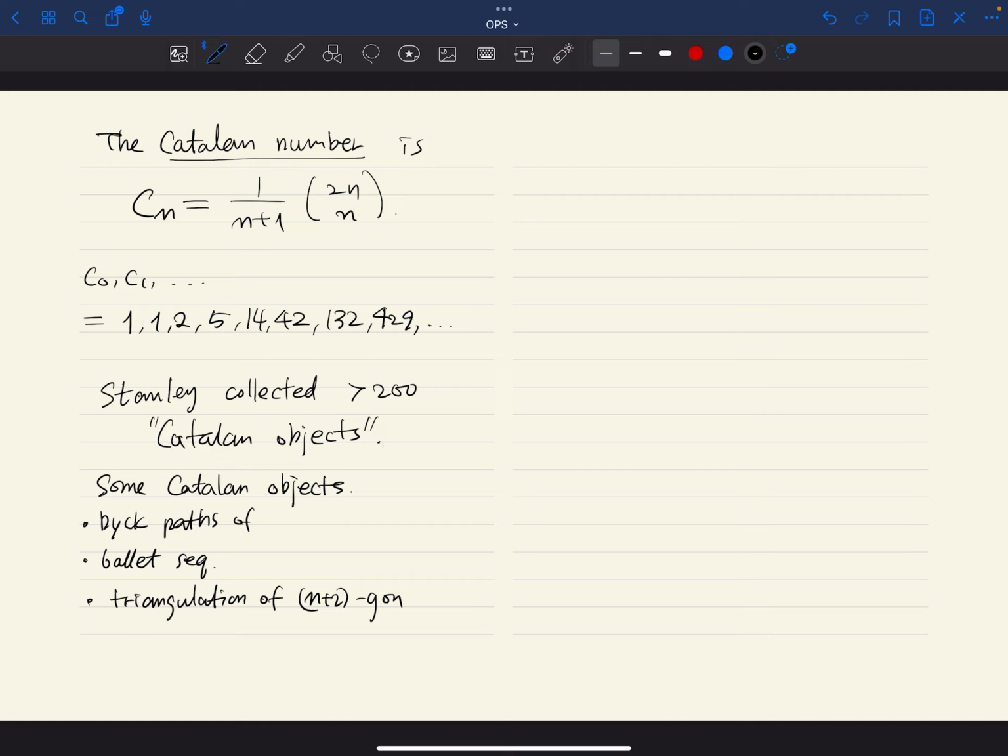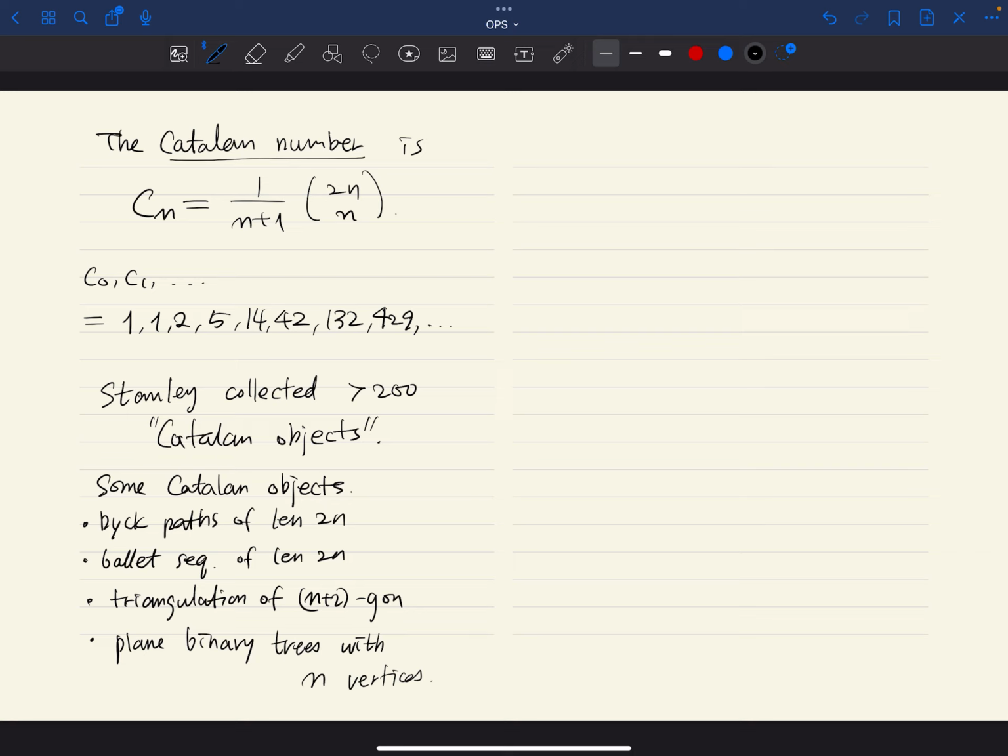Maybe I should write: ballot sequence of length 2n, triangulation of an n plus 2 gon, and plane binary trees with n vertices.